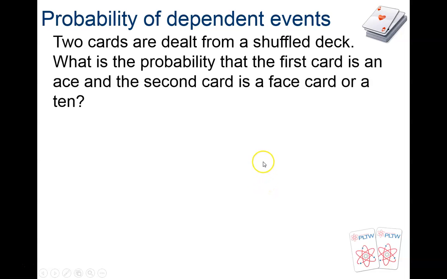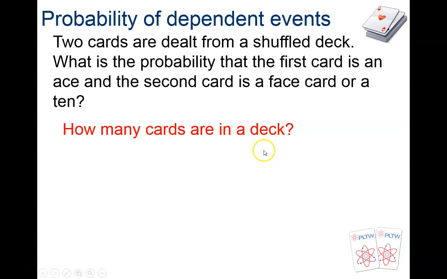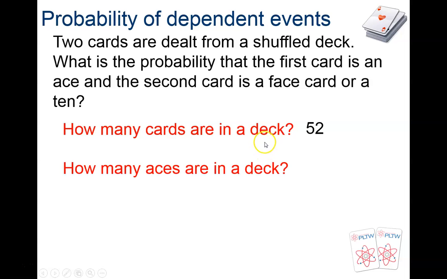The probability of dependent events. These you have to be kind of mindful of. What is the probability that the first card is an ace and the second card is a face card or a 10? A little bit of a review if you're not much of a gambler. How many cards are in a deck? 52. How many aces are in the deck?